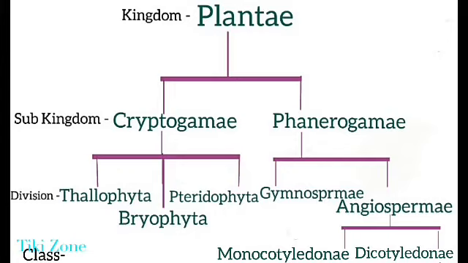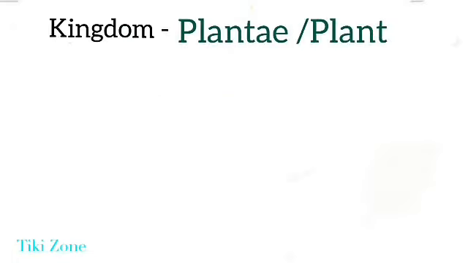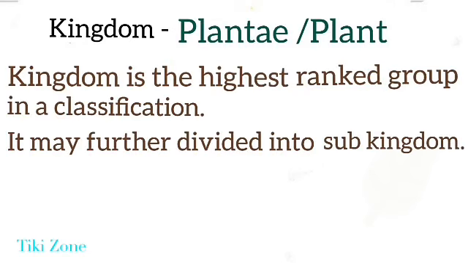Let us discuss these briefly. Before going to each kingdom and subkingdom, we have to know what kingdom, subkingdom, class, etc. mean. Kingdom is the highest ranked group in a classification.